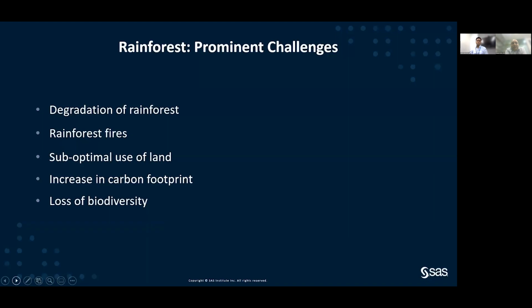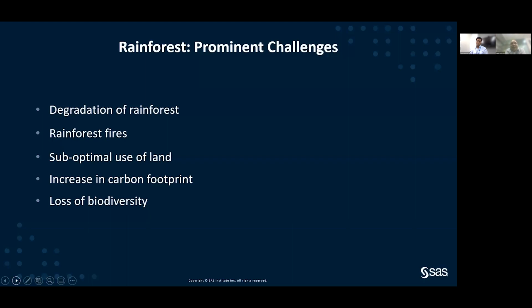And of course, there are also man-made forest fires, which have a significant impact on the environment and ecosystems. The fires are mostly lit by humans to clear the land for activities such as ranching and farming. Expansion of ranching and unsustainable farming is another challenge or threat to the rainforest.